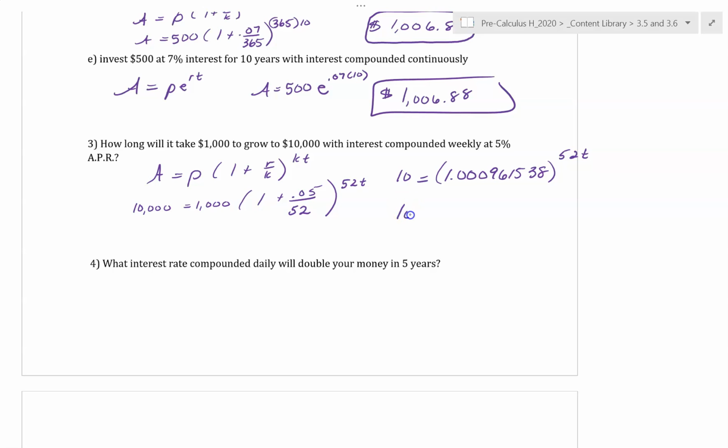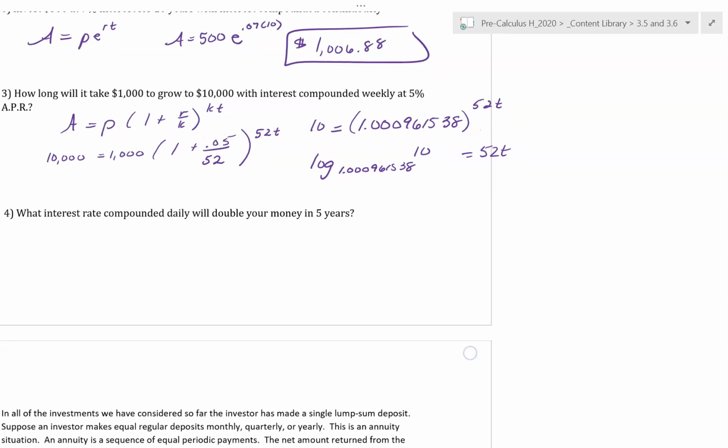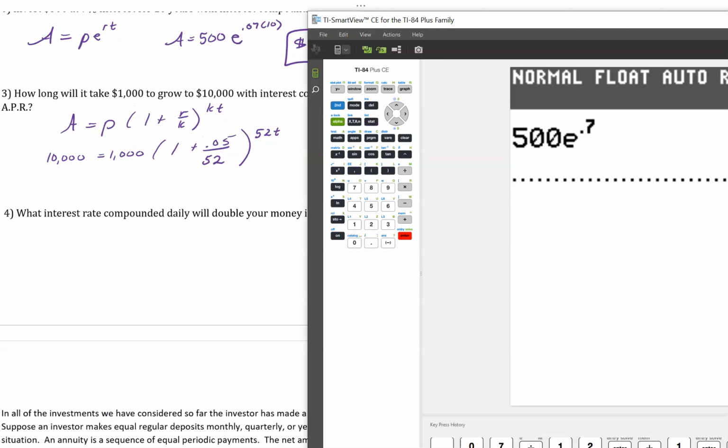So you could do log of that 1.009615538, of 10 equals 52 times t. So why don't we go ahead and use the calculator, and we can practice typing this into our calculator.